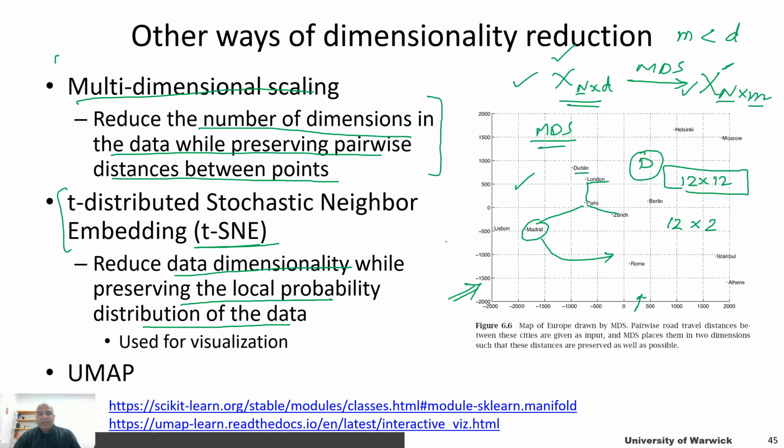What that means is that it tries to preserve local data densities, and that's where it gets its name of T-distributed stochastic neighbor embedding, because it tries to embed neighbors by preserving the local probability distribution within the data. And you're welcome to look online for different types of plots for TSNE.